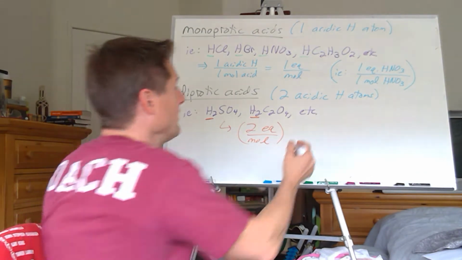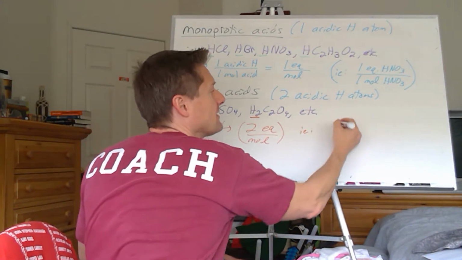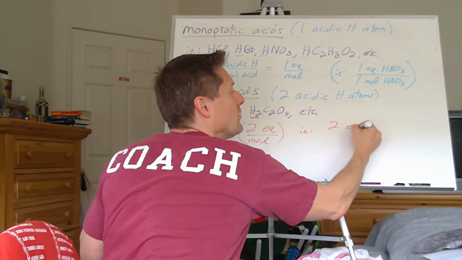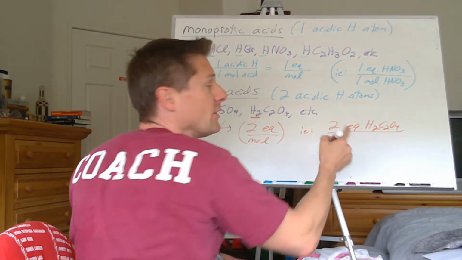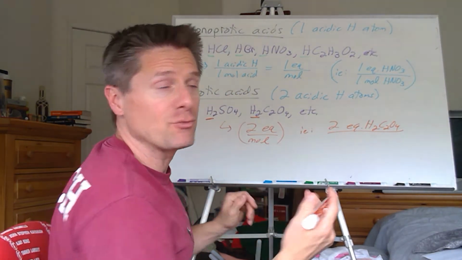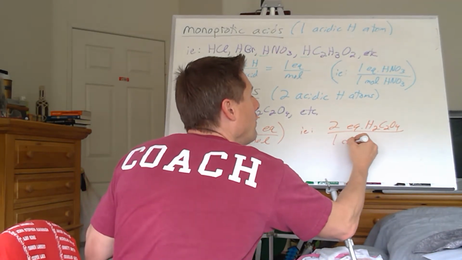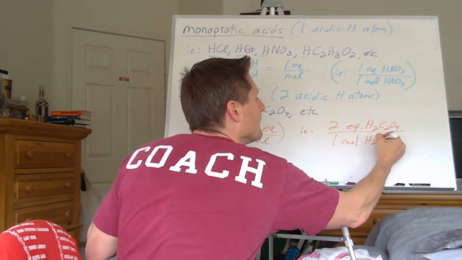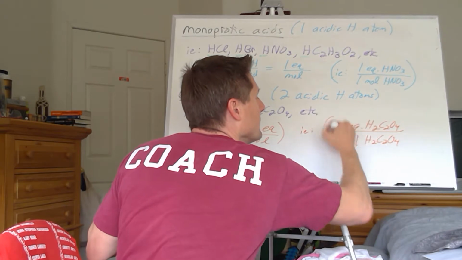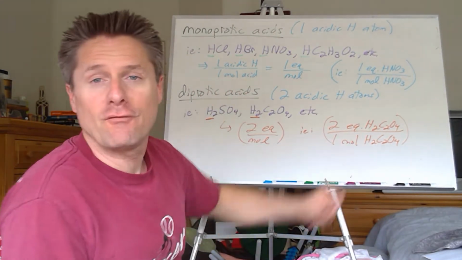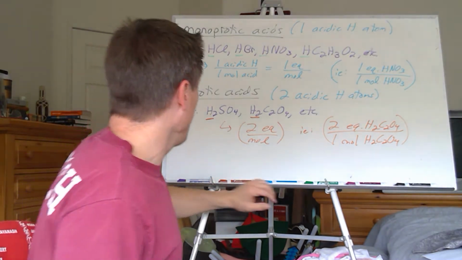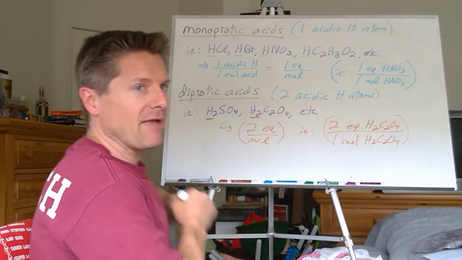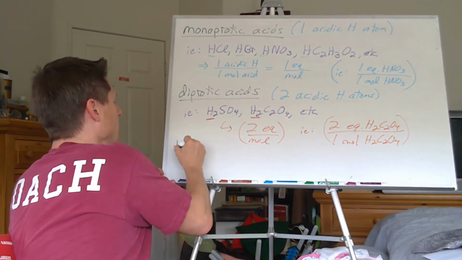And if we had a specific one, let's take oxalic acid, there'd be 2 equivalents of oxalic acid, or you could put 2 equivalents of H plus or 2 equivalents of H3O plus up there per mole of H2C2O4. And that's a conversion factor between equivalents and moles. Yay! So we'll do one more, just to keep life simple. Let's do a triprotic acid.